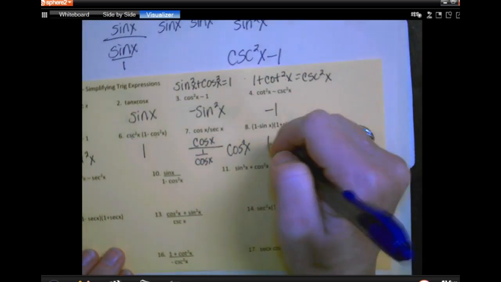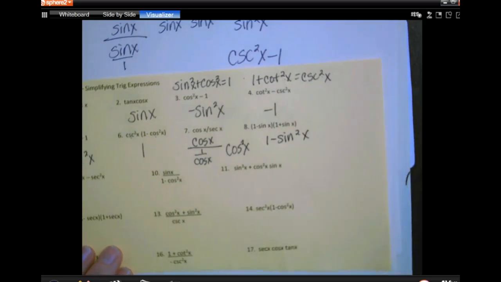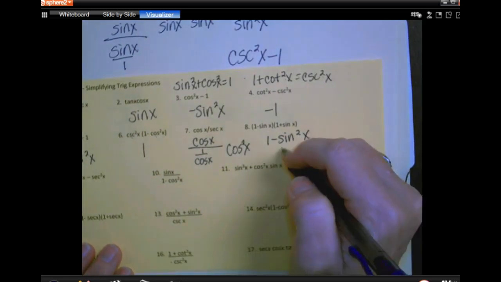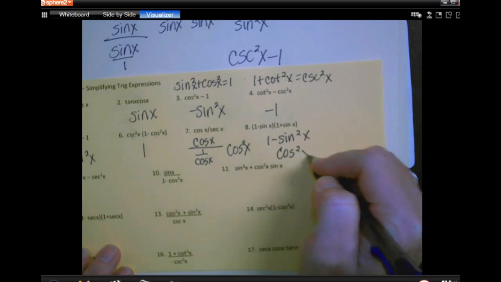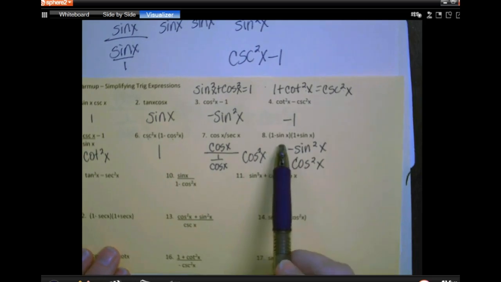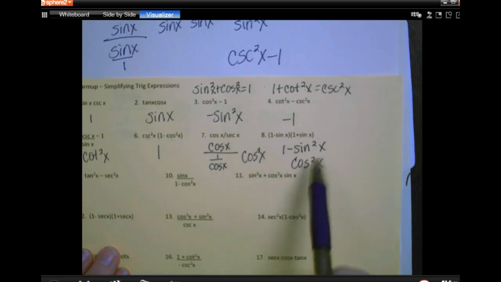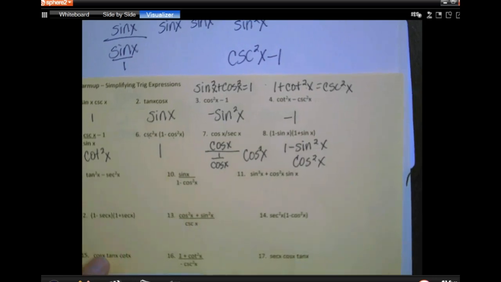When you multiply, you get 1 minus sine squared of x, which equals cosine squared of x. 1 times 1 is 1. The middle terms cancel out. Sine times sine is sine squared. Tangent squared minus secant squared.